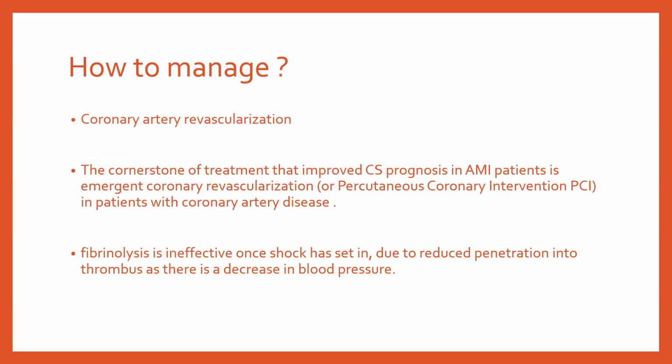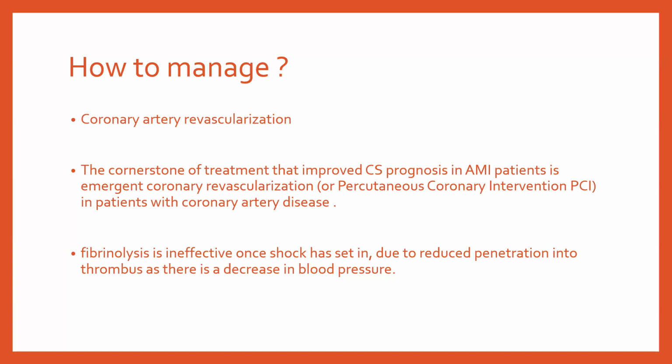If the cause of cardiogenic shock is related to acute myocardial infarction, then revascularization is the solution. For revascularization, there are two strategies: primary coronary intervention and fibrinolysis. The cornerstone of treatment that improves cardiogenic shock prognosis is emergent coronary revascularization such as PCI.